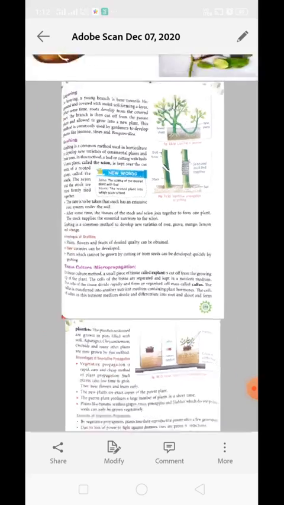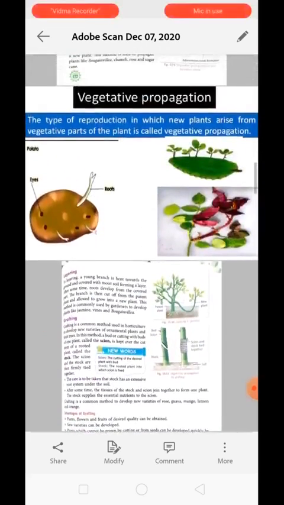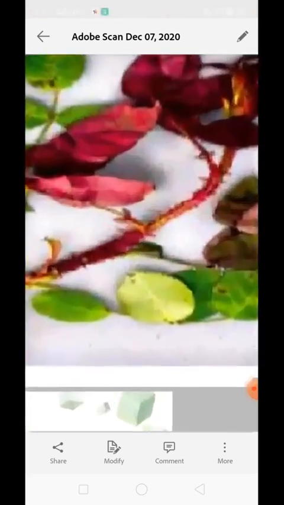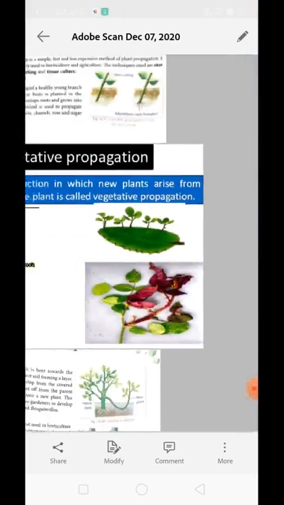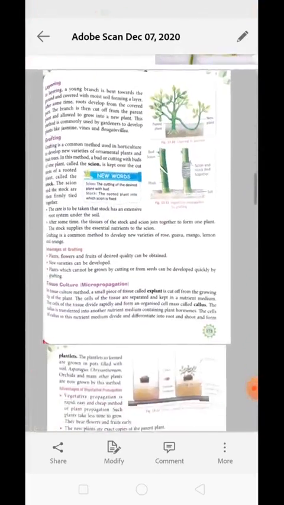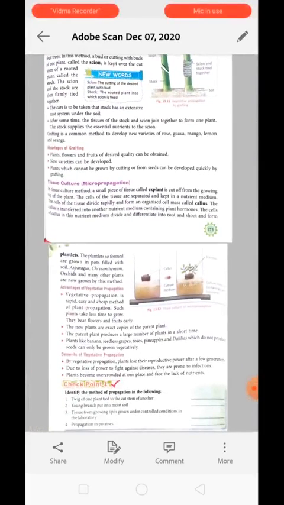Tip means, see, at the tip of the plant over here, there is a small bud-like structure. We have to cut them out because these buds are very, very important, as they have the capacity to grow into leaves. They can also form stem, and they can also form root. So they are very, very important.